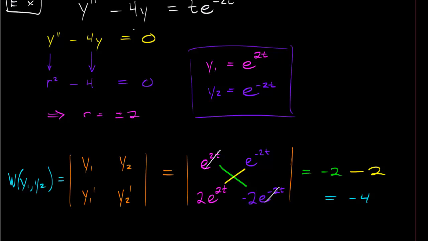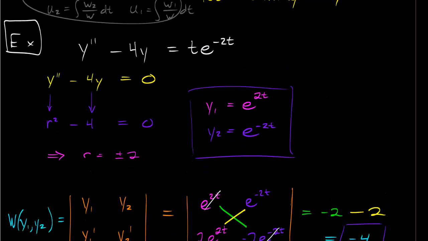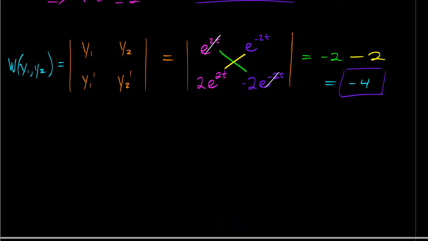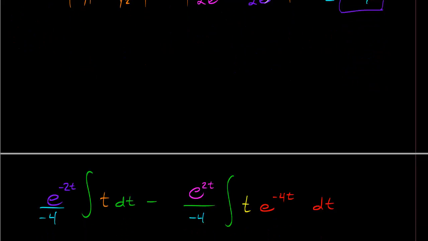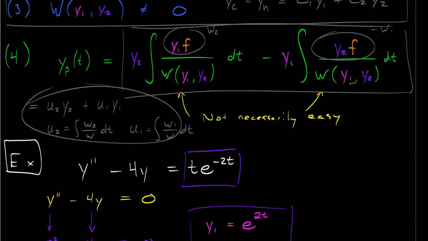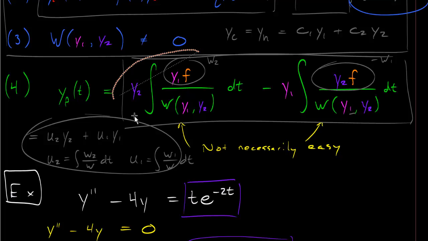Okay, so now we have all of the ingredients we need. We've got the Wronskian, we've got y1 and y2, and we have f of t. So let's plug that into our formula. I'm just going to copy and paste from up here.